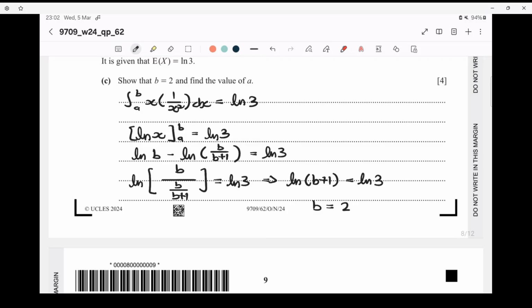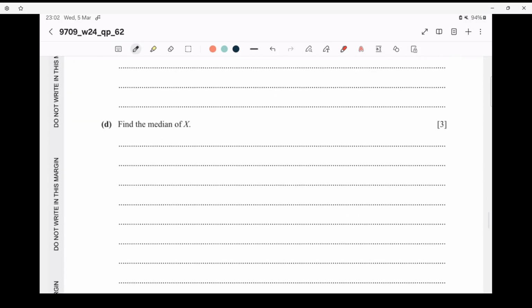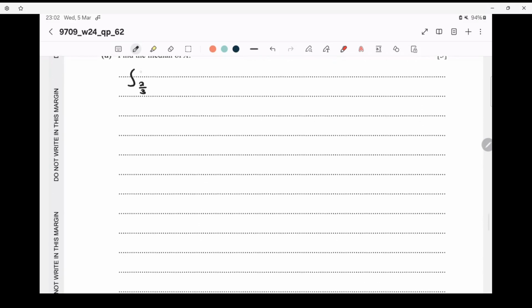So let's move on to the next question. Find the median of x. So integrating from 2 over 3 until your median m, 1 over x squared dx is 0.5. You perform the integration.